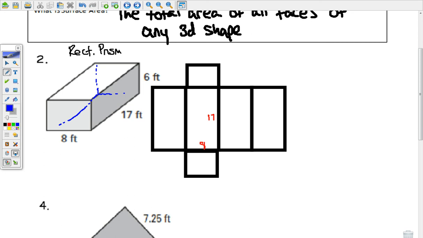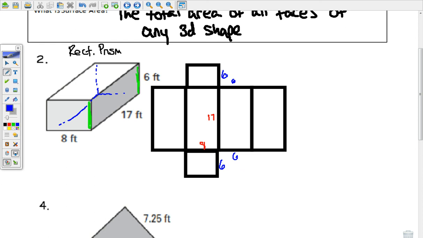The next side we have is this line going up. Kind of the height of our figure there. It's 6 feet. So that height is actually a bunch of different places here. It's actually here, here, here, here. Lots of different places. So we basically just have to find the area of these 6 rectangles.